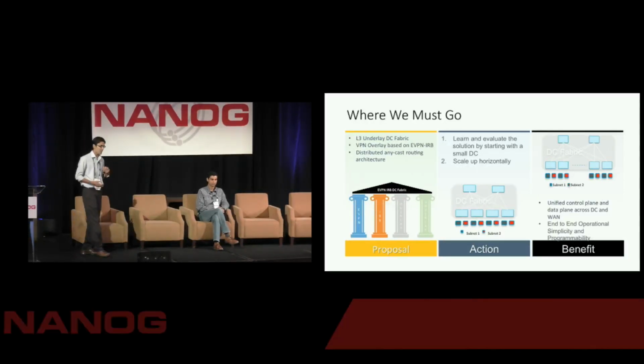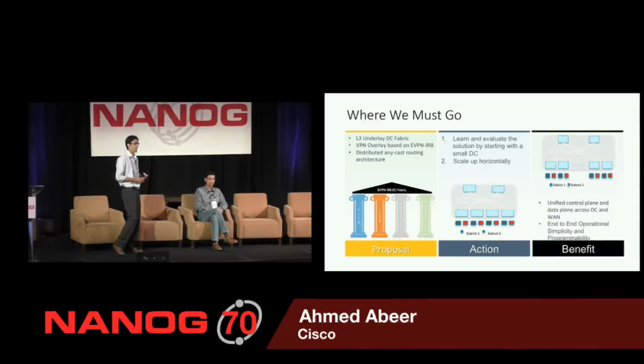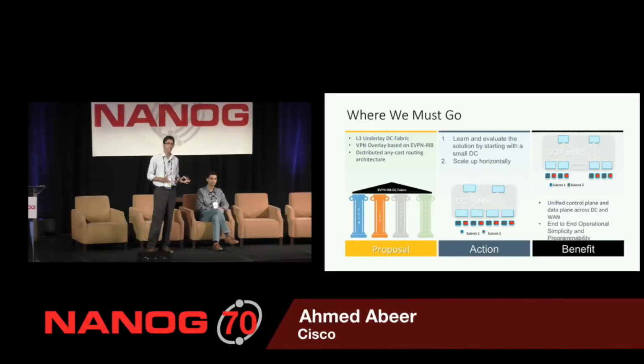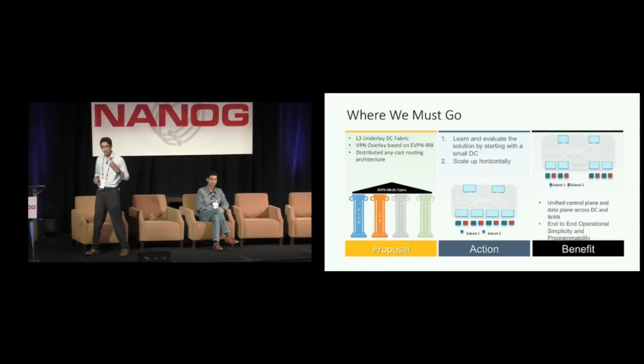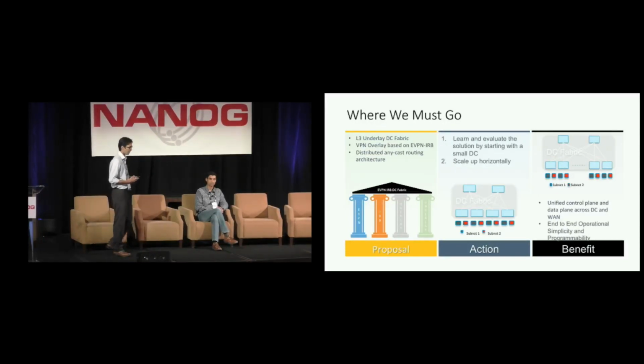In fact, try this solution and perhaps start a small data center and extend horizontally as your demand grows. We also hope that you would recognize the benefits of using this highly optimized data center fabric with unified control plane across layer 2, layer 3, WAN, and data center that in turn enable the operational simplicity in your network, which we are trying to achieve here.